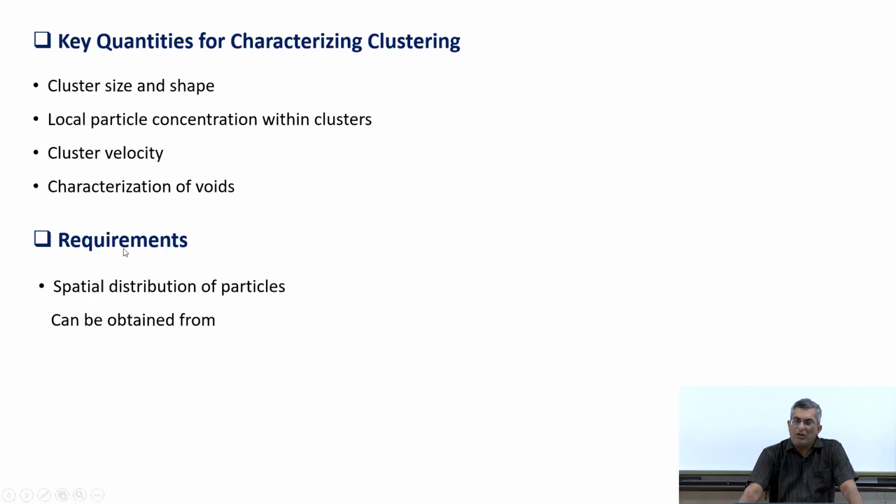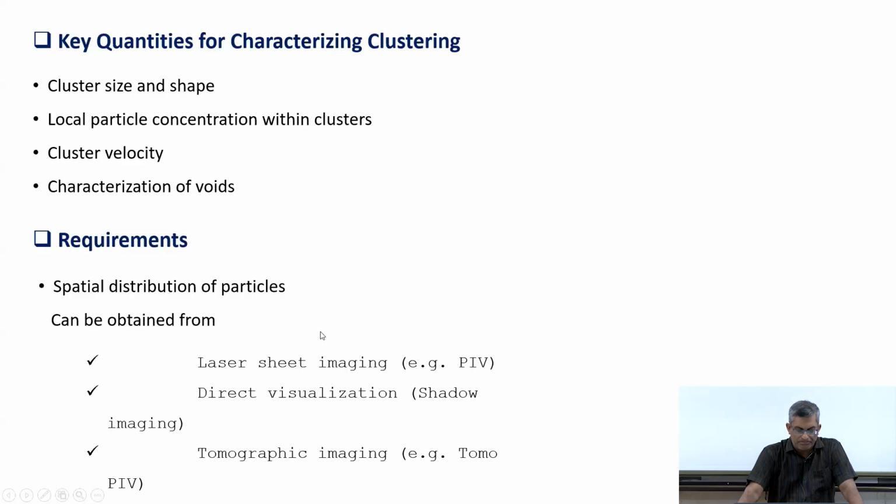Now, for this purpose, what do we need? We need the spatial distribution of particles, which can be obtained either from experiments or simulation. We can have experiments, for example, using laser sheet imaging, where a laser sheet is used to illuminate the particles and you capture the particle image, or we can have direct visualization of the particles, as in shadow imaging, but in both cases we get a 2D field.